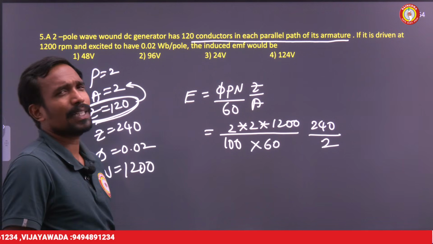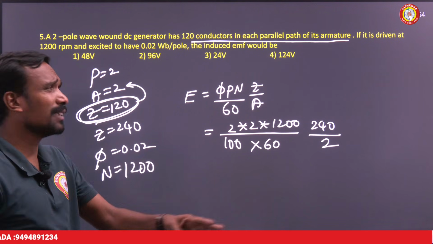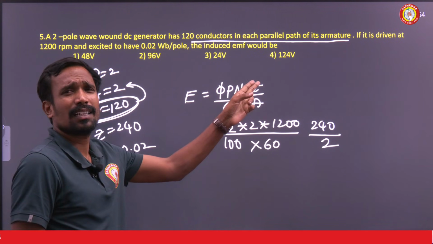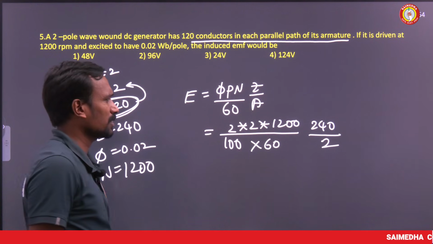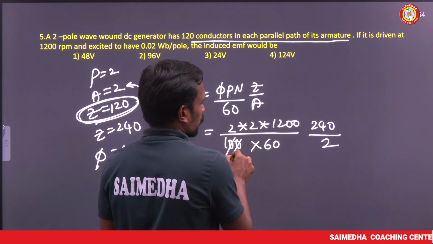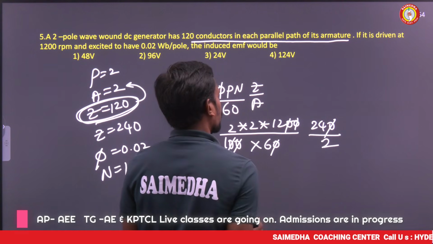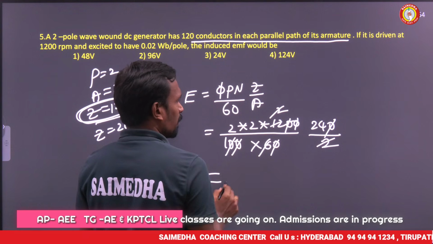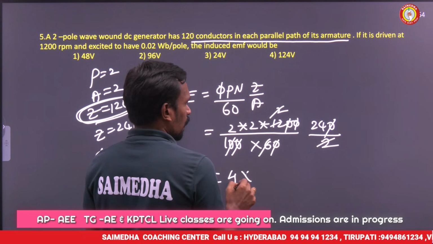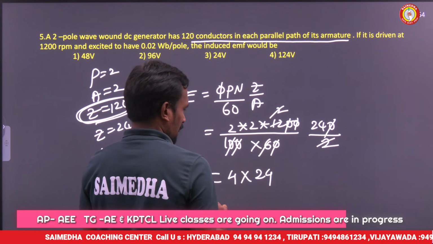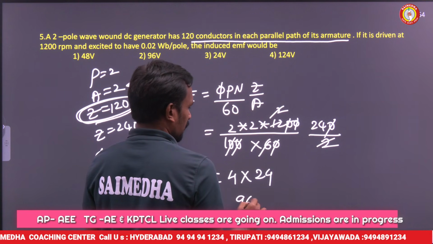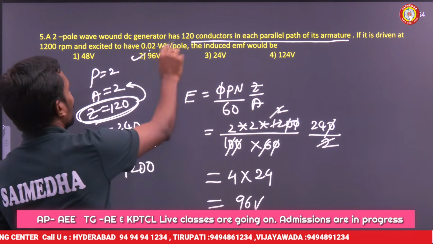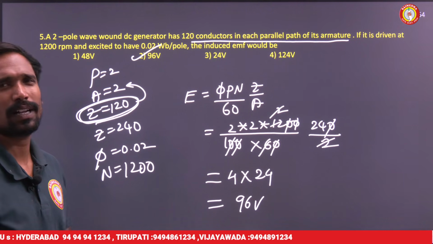In each parallel path there are 120, and there are 2 parallel paths. Here Z means the total number of conductors. 6 ones are 6, 6 twos are 12, 2 2s cancelled. So EMF E is equal to 96 volts, which will be your answer.